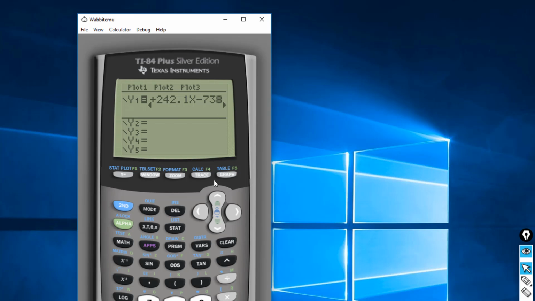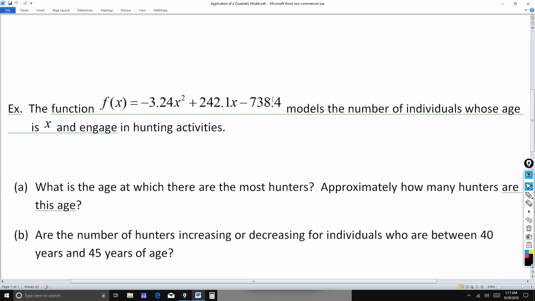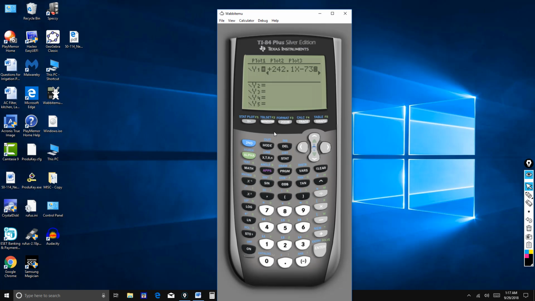Now, if you just hit graph on this, you might just get a line or something that doesn't make sense. We know what a parabola looks like, and we expect this parabola to open down because the coefficient of the squared term is negative. Because we have these large numbers here, if you hit graph, you might not get what you want.